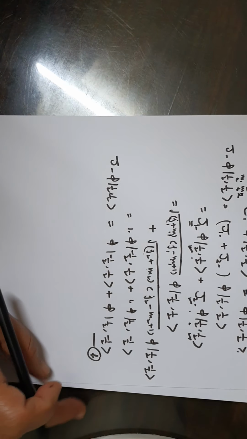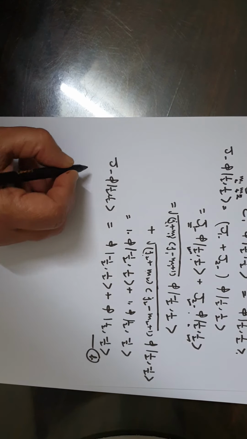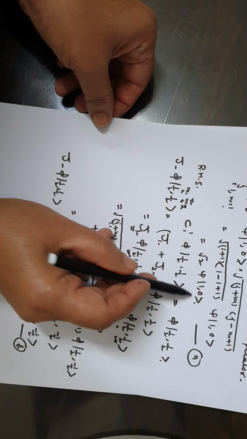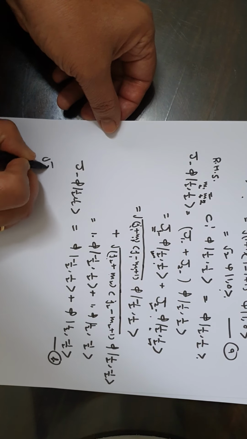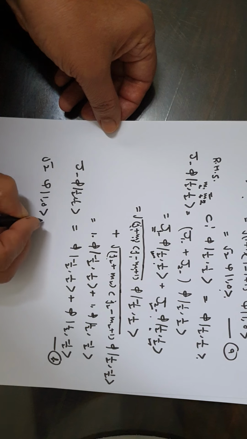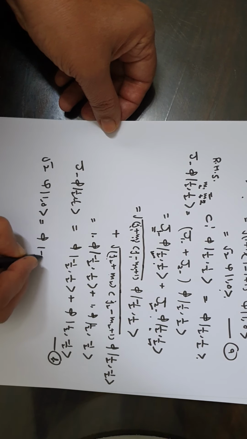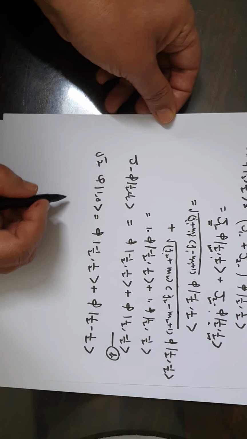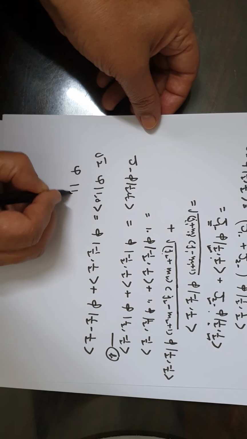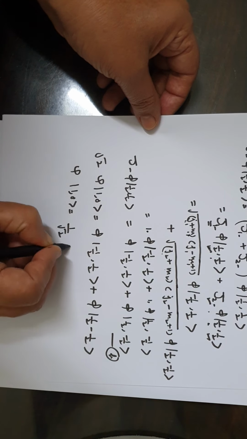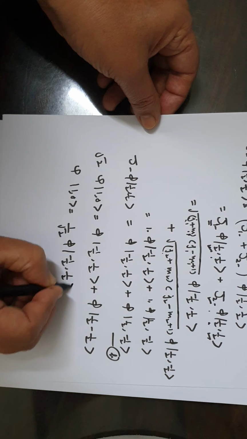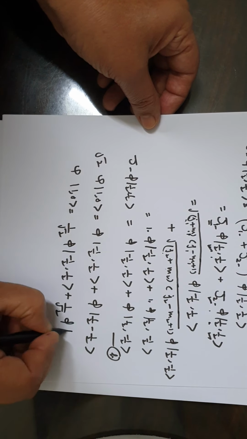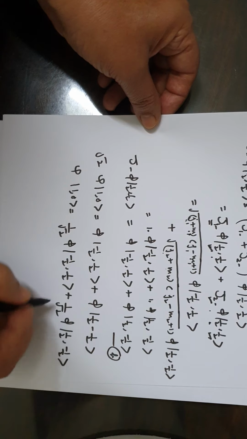Equating a and b, I will have under root 2 psi 1 0 equal to phi minus 1 by 2, 1 by 2 plus phi 1 by 2, minus 1 by 2, or psi 1 0 state will be equal to 1 over under root 2 phi minus 1 by 2, 1 by 2 plus 1 over under root 2 phi 1 by 2, minus 1 by 2.